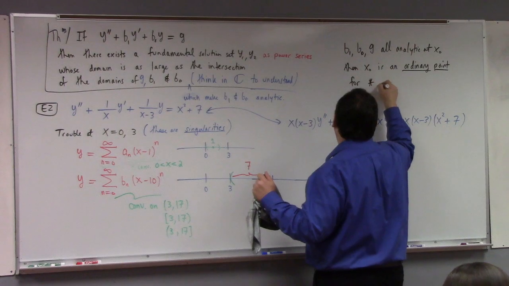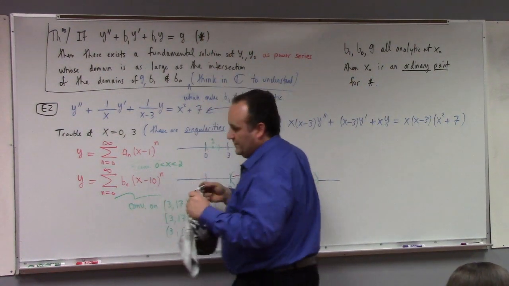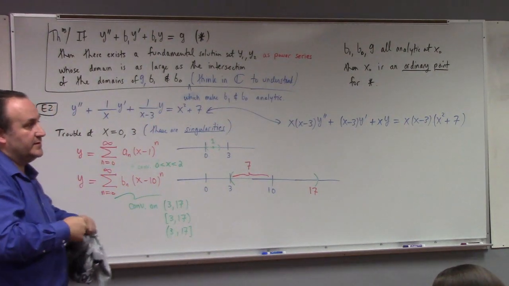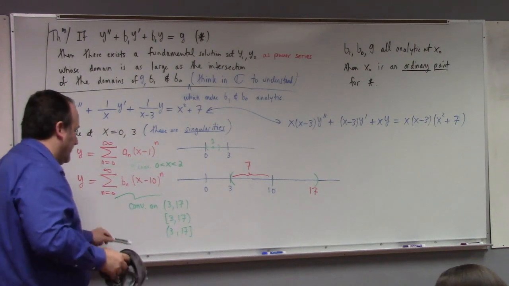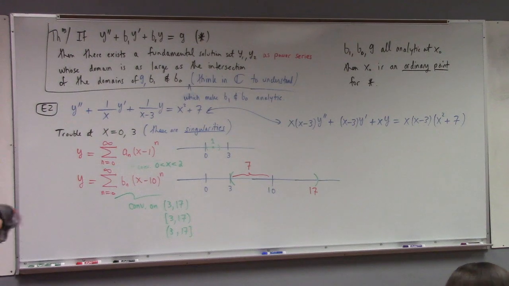And this theorem, restated, simply says that there exists an analytic solution, a power series solution, for a differential equation about an ordinary point, and that solution extends until the next closest singular point at least. All right.